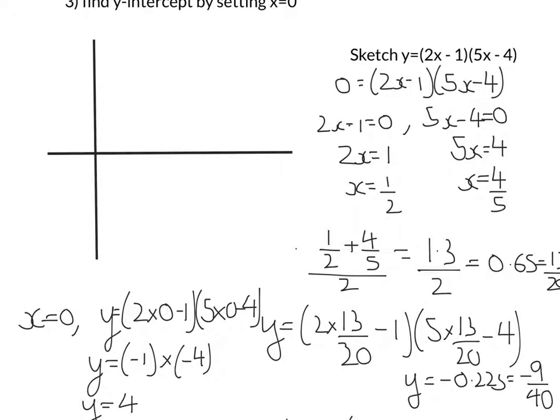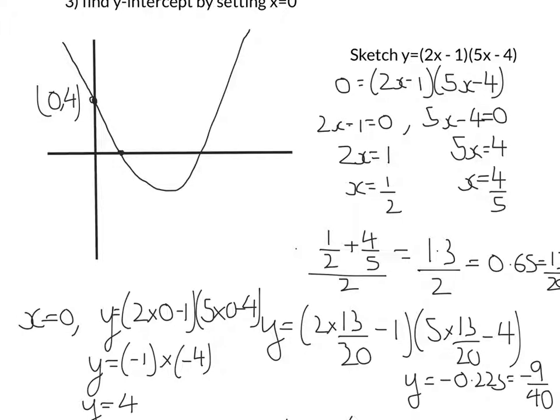So I now have my values here that I can put into my equation. It's a happy curve, as the coefficient of x squared will be positive because it will be 2 times 5, which will be 10. So it's a happy curve. Its y-intercept is above the x-axis, and it has two x-intercepts which are positive. So it's going to look something like that. It's got its y-intercept at 0, 4.